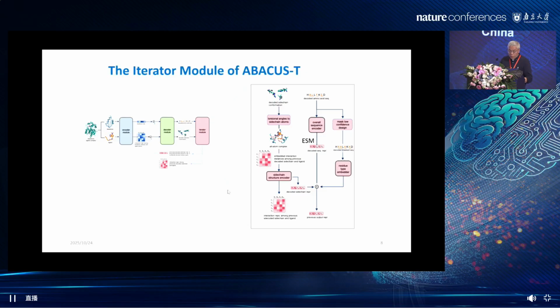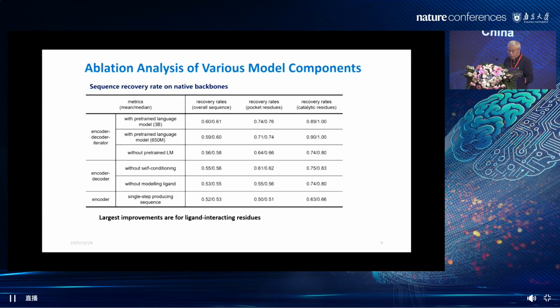And this, after encoding, is sent back to the diffusion decoder as part of the input, as self-conditioning. So we developed this by heuristic trial and error and tried to improve them. We show that these different components contribute to the improved accuracy of BuxT.